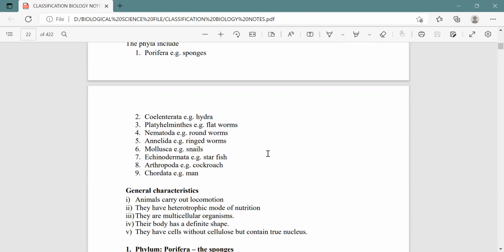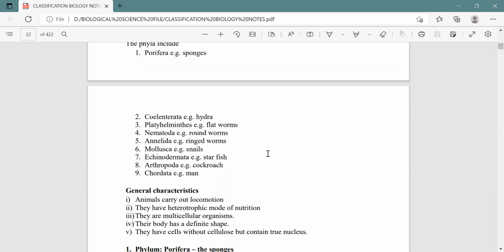The segmented worms, like the earthworms, belong to phylum Annelida. The snails, the slugs, and other soft-bodied animals in that category belong to phylum Mollusca. The starfish belongs to phylum Echinodermata.